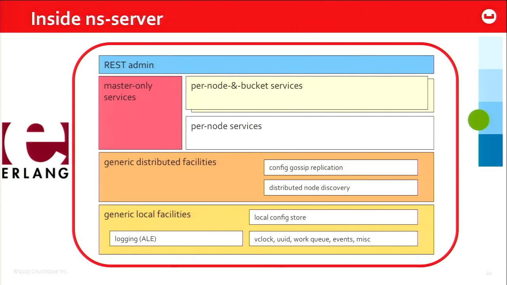Generic distributed facilities, so obviously, we're interested in the node itself, but only to the extent that it cooperates with the other nodes in the distributed cluster to accomplish stuff. Per node services, monitoring, that kind of thing, per bucket, basically. So obviously, bucket is a key concept for us. It's where your data is.